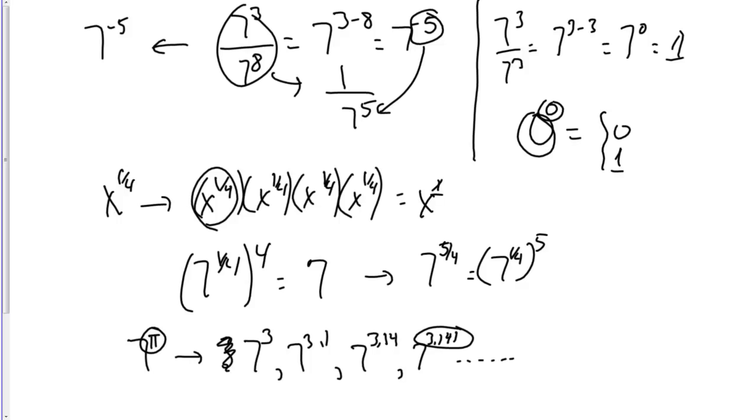So it turns out how we define the irrational exponent is what we'll call a limit process. We're going to basically say it's the limit as x gets closer and closer to pi of 7 to the x, and we can use rational numbers to get a picture or a feeling for what that might mean, since we already know how rational exponents work with fractions and roots.